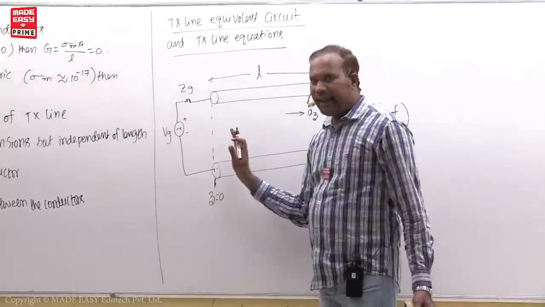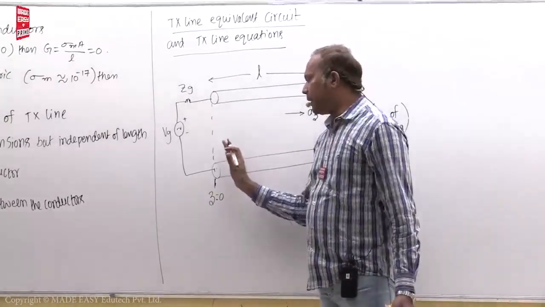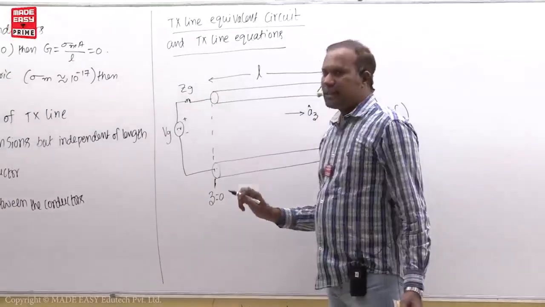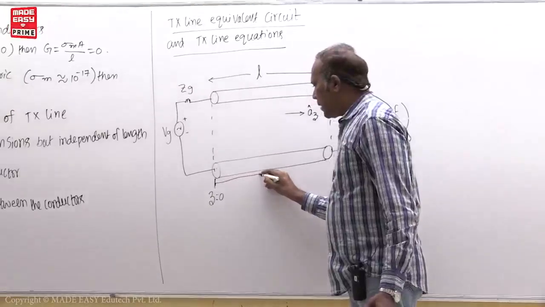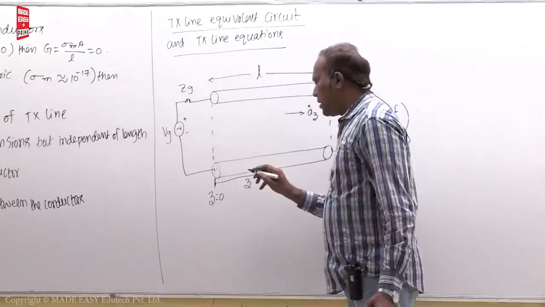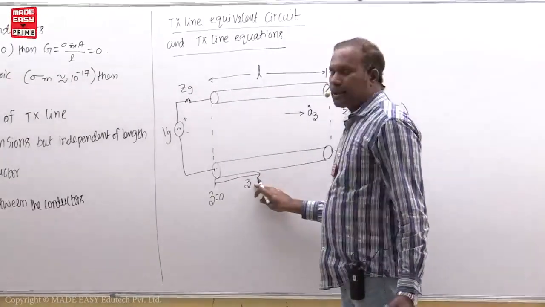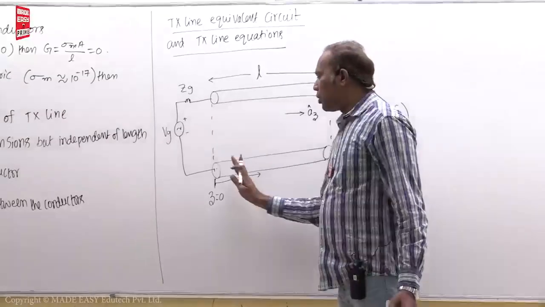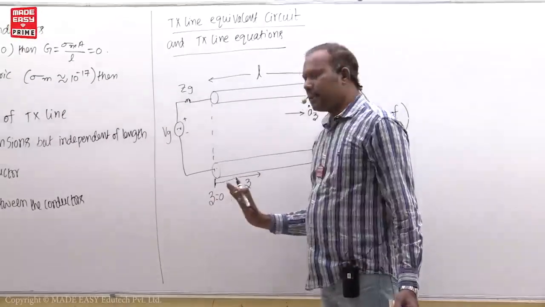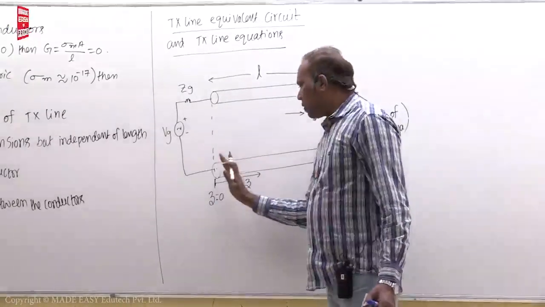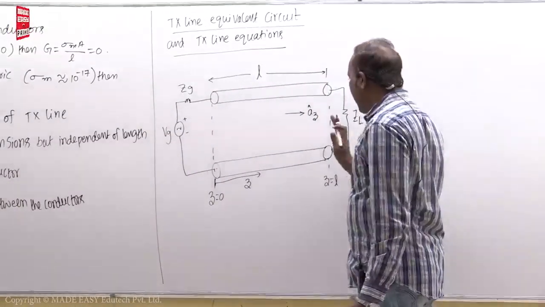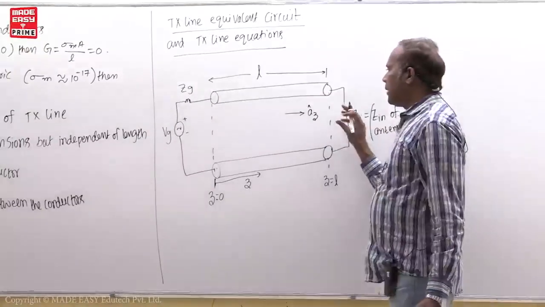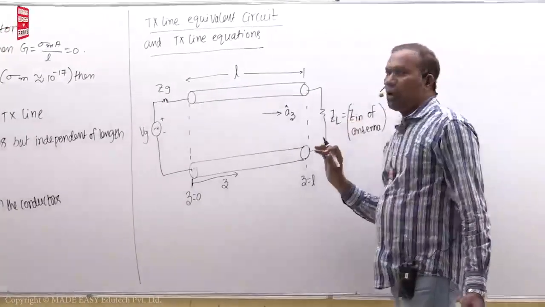So this is called sending end or otherwise source end, where distance is 0. Now if you go from here, that small z variable is used. Z means distance from source end. Z is equal to 0 means at the source end, Z is equal to L means at the receiving end, or otherwise it is also called load end.